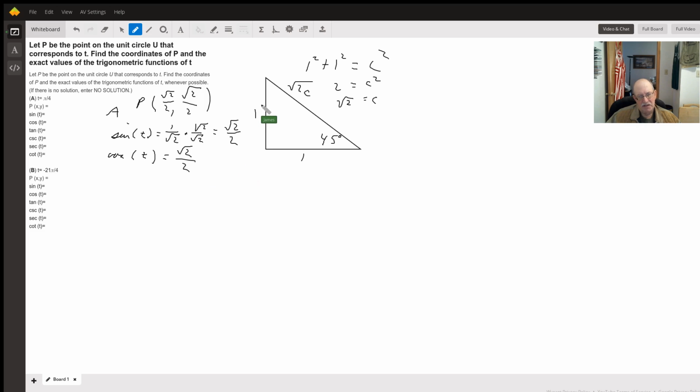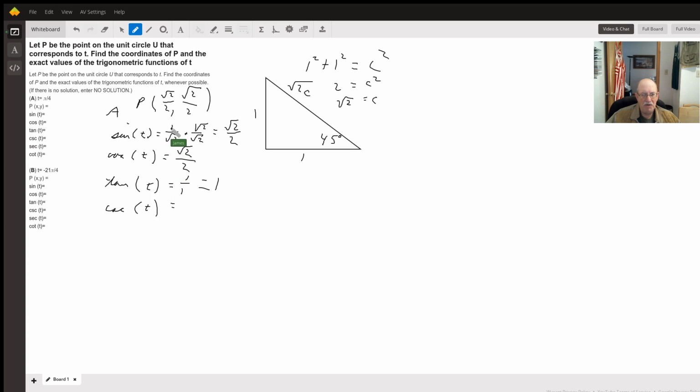Tangent is opposite over adjacent. So it's 1 over 1. So the tangent of pi over 4 is just 1. Cosecant is the inverse or the reciprocal of sine.